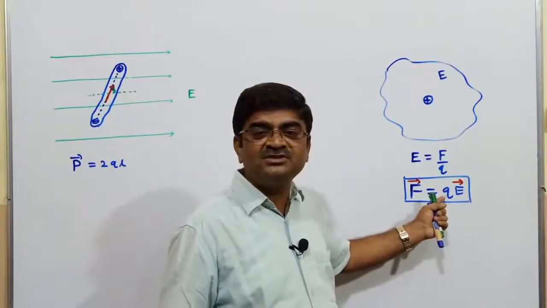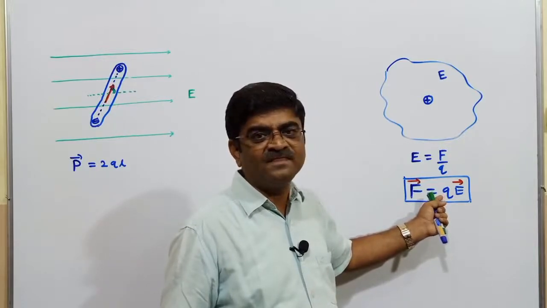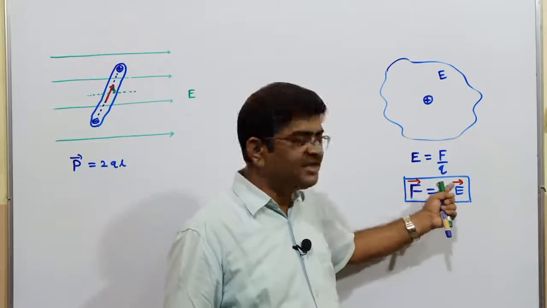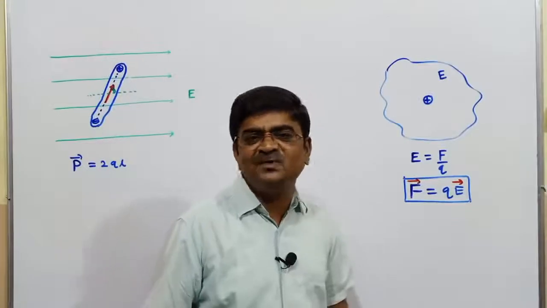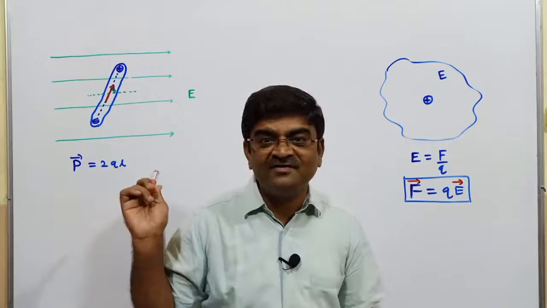If the charge is positive, it experiences force in the direction of intensity. If the charge is negative, it experiences force in the direction opposite to intensity. And that's what I have now to carry forward.